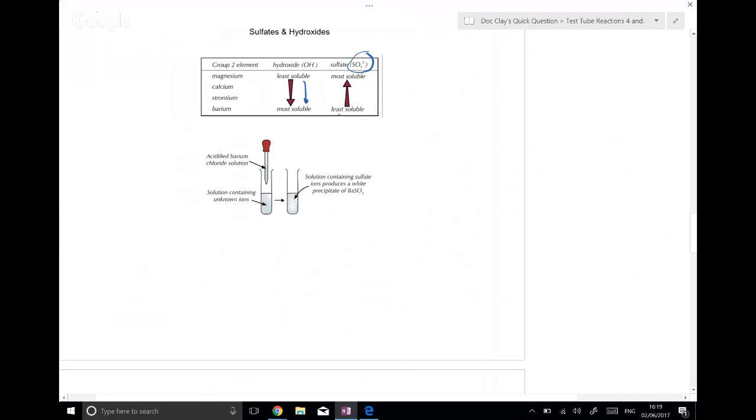Therefore, when they are of an equivalent size, we get the least soluble, which is the barium 2+ and the sulfate ion. So here, the ionic equation, one that they require us to know for sure, is Ba2+ (aq) + SO4 2- (aq) going to give us barium sulfate, which forms a white precipitate.